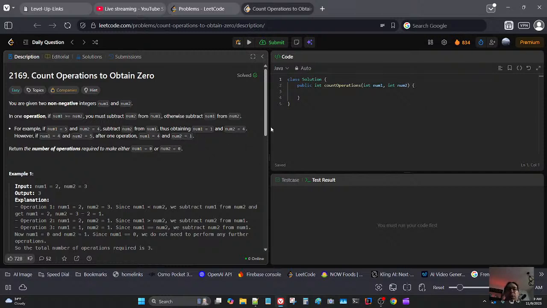And you count the number of times that you did that. Count operations. So make int count is what I'm going to do here. And since you don't know how many operations you might have to do, this would be the sort of time you might want to use a while loop.